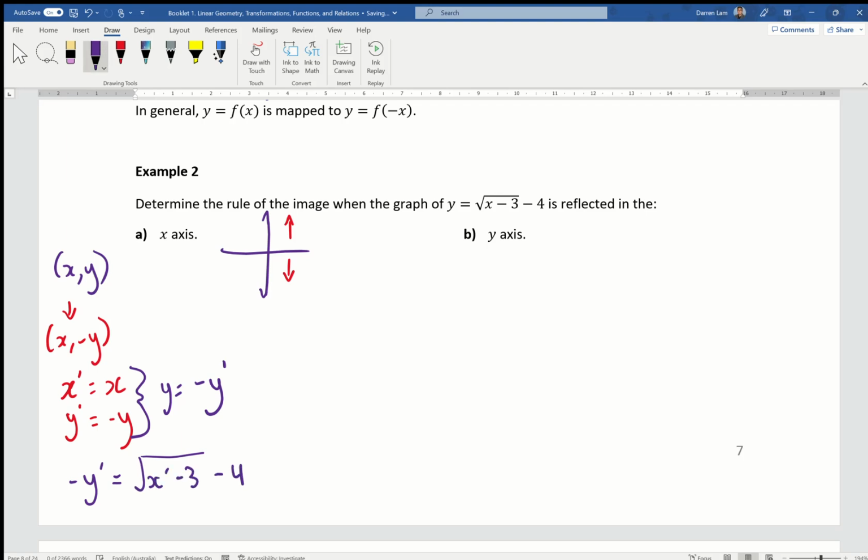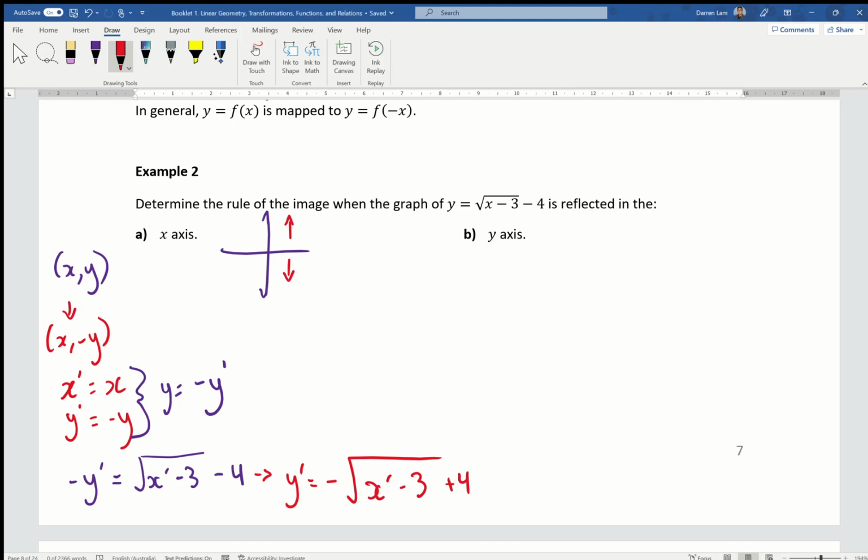I didn't have to touch the x besides add the dash on because x dash is x in this case. Now, obviously, before I finish off, I should probably write the full equation. So I multiply both sides by negative 1, and it becomes y dash equals negative root x dash minus 3 plus 4.